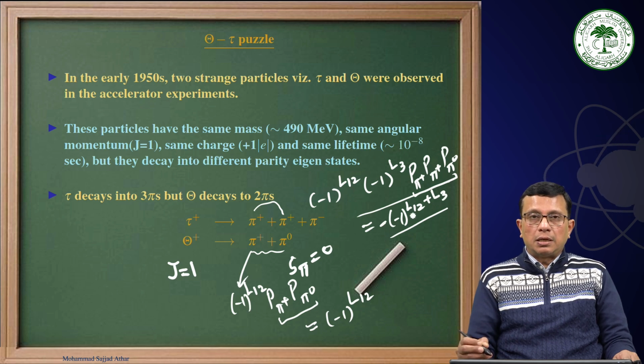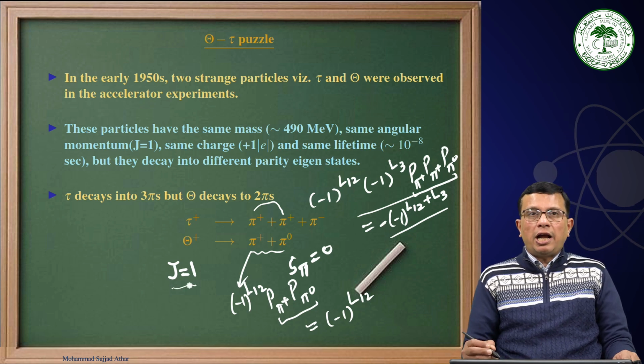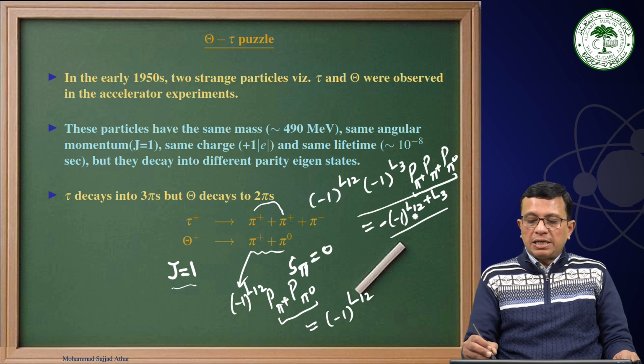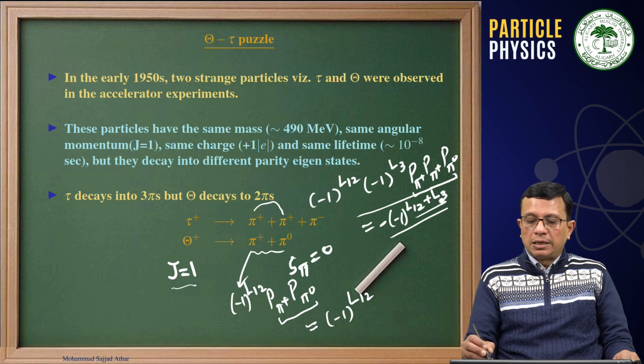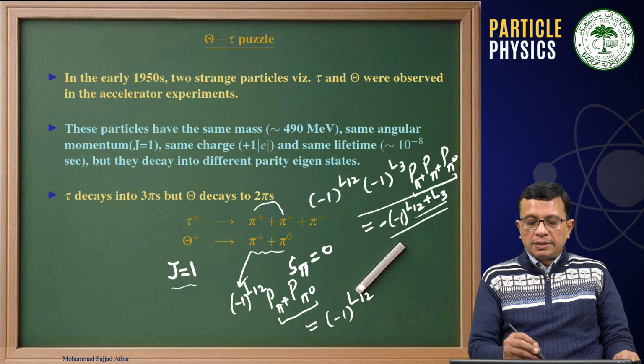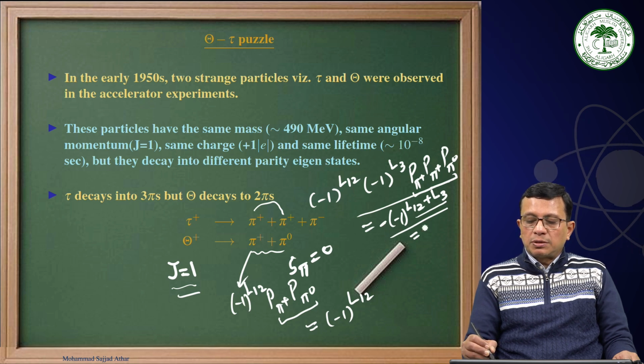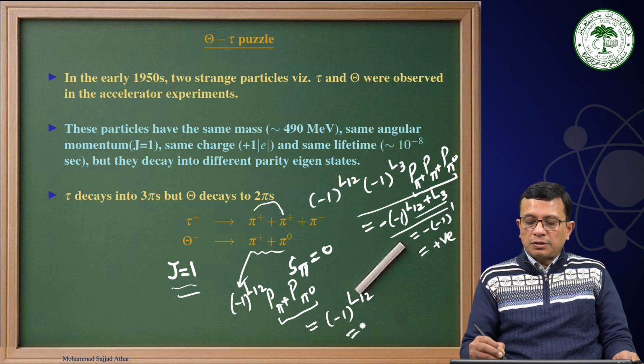Now, since spin is 0 for the 3 pions or the 2 pions, to conserve angular momenta we have to see that this combining with spin, and spin is 0, that means this L12 plus L3 should give us J equal to 1, and here L12 should be equal to this J. The catch is that if L12 plus L3 is 1, then this quantity is minus 1 to the power 1, and that means this is positive, and this fellow is minus 1 to the power 1, and this will be negative.